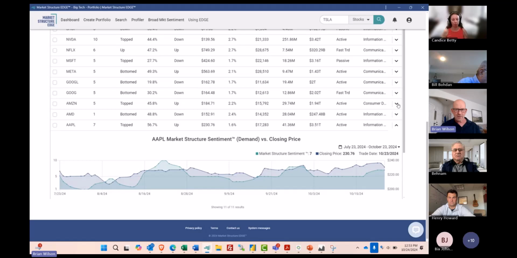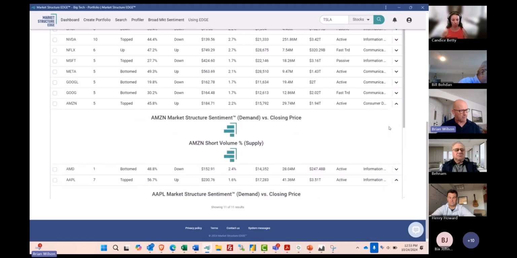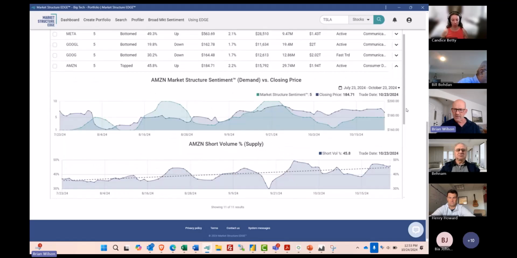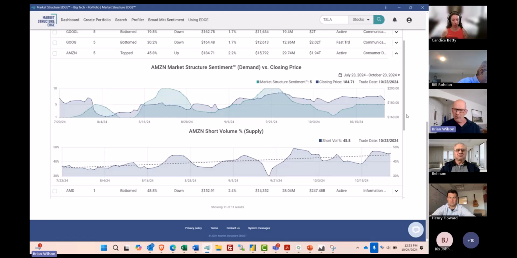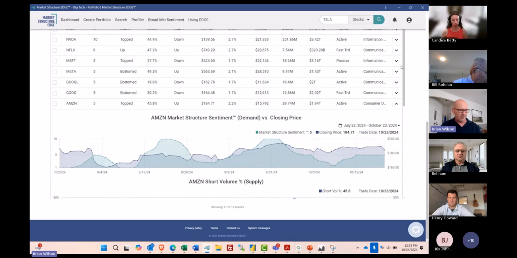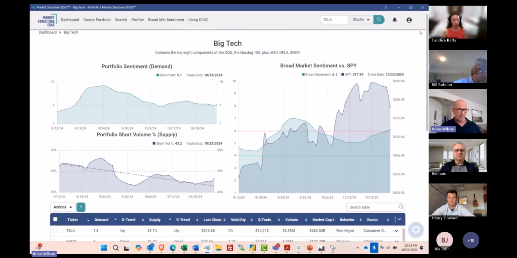And then lastly, Amazon reports after the market on the 31st. What's happening with Amazon? A little bit of a question mark, steady from a sentiment perspective, but short volumes are above trend. So looking at those, when I was trying to label it, how would I label that? From a big picture perspective, I guess I would label it as a question mark.